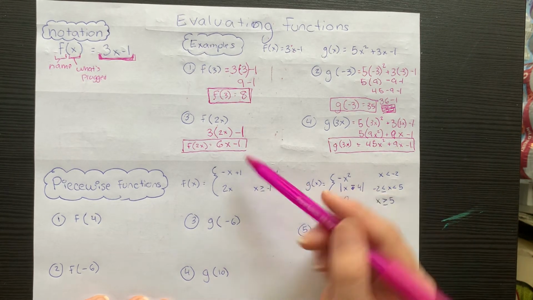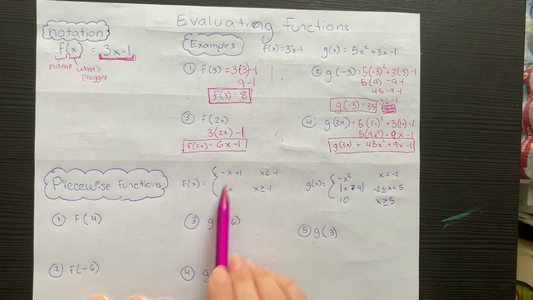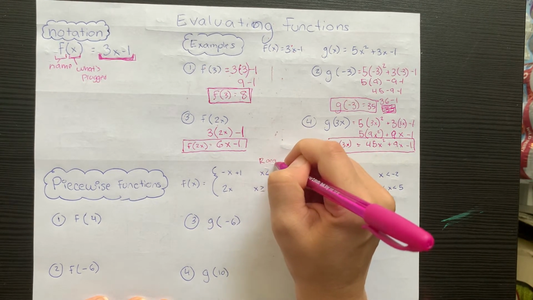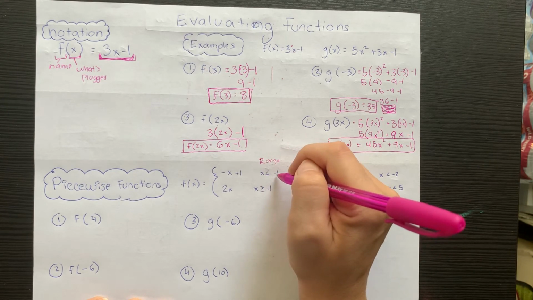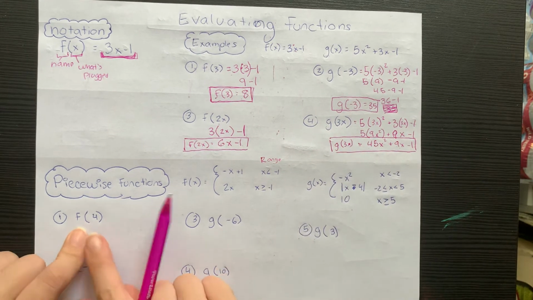What you need to do is when it's piecewise, you get the name, you get the 2 equations. You also get this. This is the range, telling you which function to use for which x. So in our first example, this is f of 4.